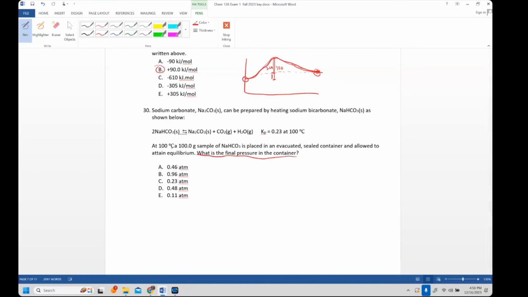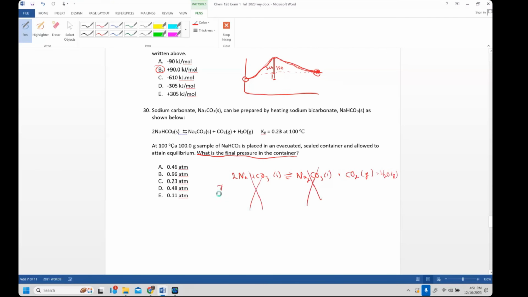This means you're adding all the pressures together after we do the ice chart. So I'm going to write down the ice chart. So it would be 2 NaHCO3 solid yields Na2CO3 solid plus CO2 gas plus H2O gas. All right, so now we have solids here, so we don't care about those.